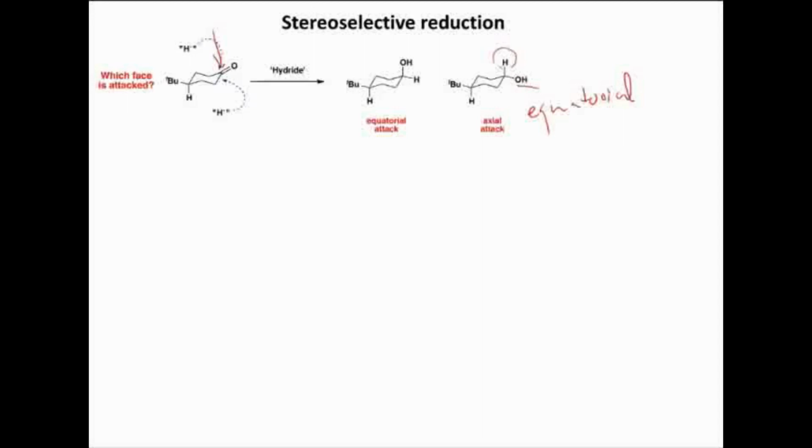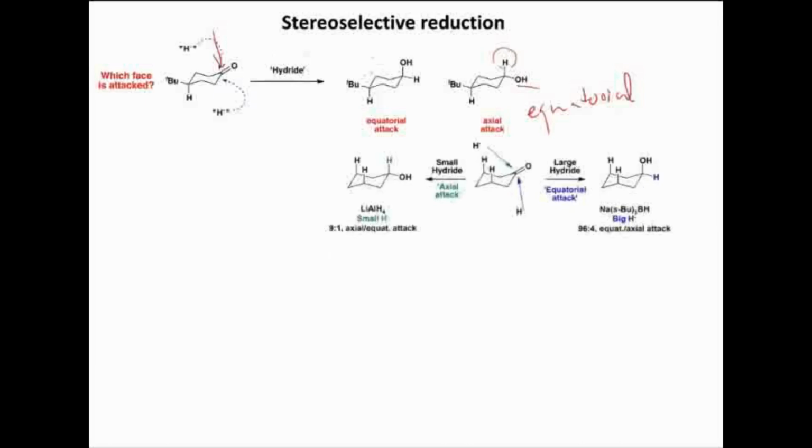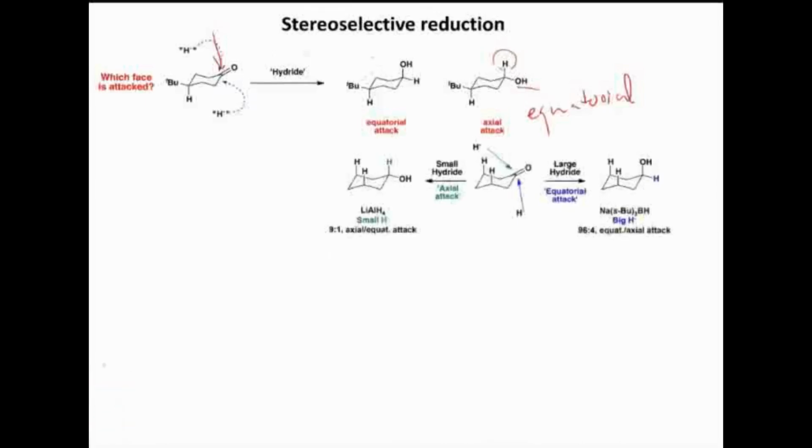So whether it attacks from the axial side or from the equatorial side, that is decided by the groups present on the ring as well as the size of the hydride ion. அதுதான் decide பண்ணும். So first, let us see the size of the hydride ion.